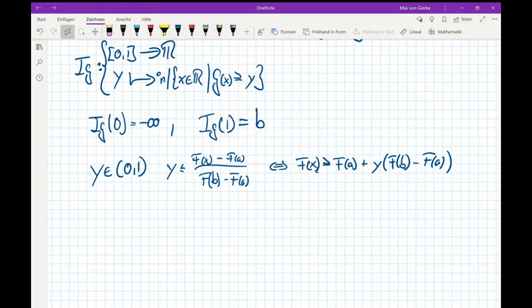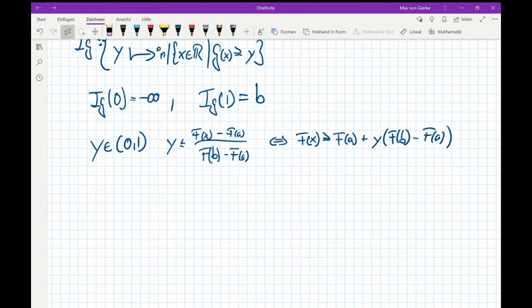We evaluate all this on the pseudo inverse of f. Because the pseudo inverse is monotone, we can apply it on both sides and nothing happens to the inequality sign.